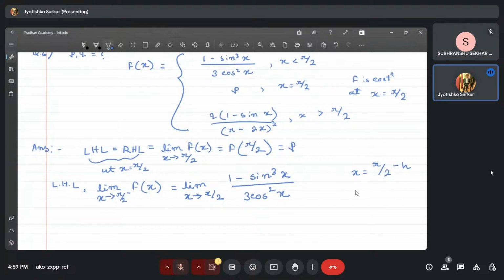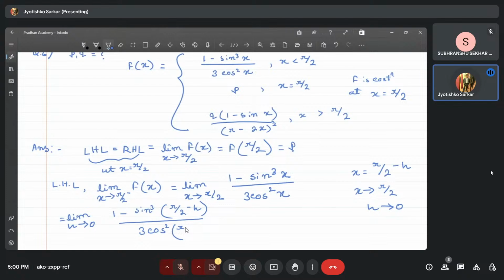Then as x tends to pi by 2, h tends to 0. So I can replace it: limit h tends to 0, 1 minus sine cube of pi by 2 minus h divided by 3 cos square of pi by 2 minus h.